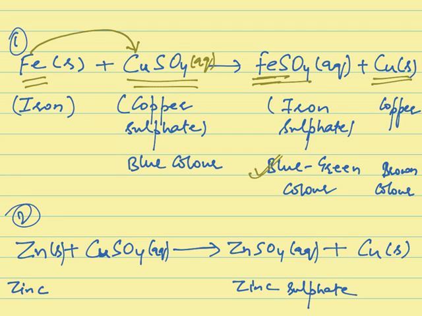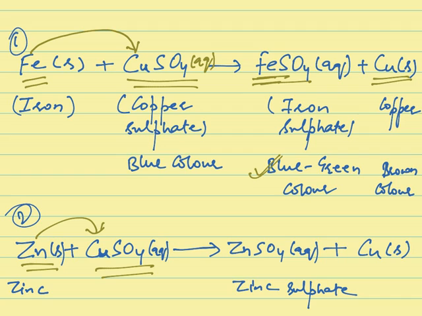Similarly, if you will react zinc metal with copper sulfate solution, a displacement reaction will take place and zinc will displace copper from its solution. Now, as I told you earlier in the beginning, the displacement happens only when a more reactive element displaces the less reactive element.